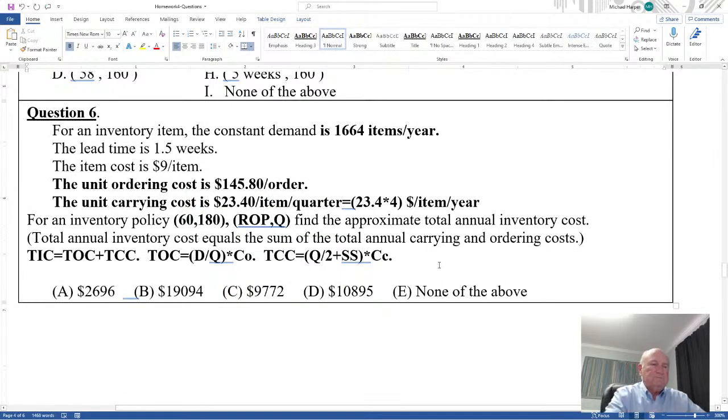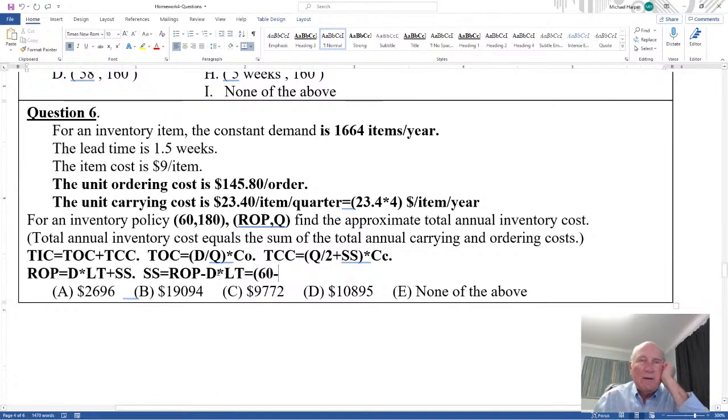So I have to calculate safety stock from my ROP. Well, let's do that down here. ROP equals demand times lead time plus safety stock. So my safety stock is going to equal my ROP minus demand times lead time. My ROP is 60 minus my demand. Got to be careful here. My lead time is in weeks, so my demand must be in weeks.